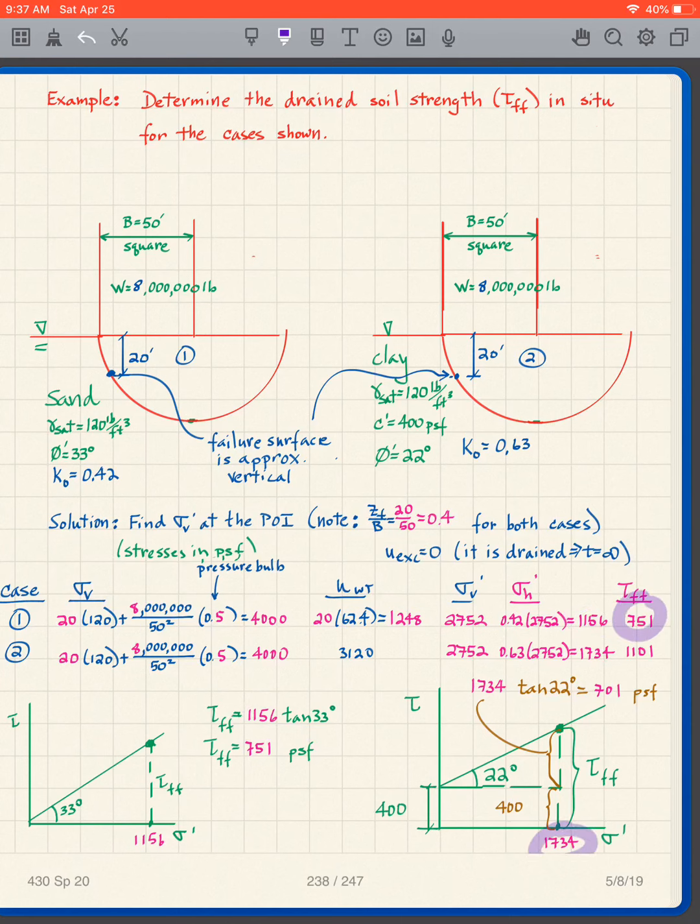For this one, I've got 1734, and then I have the 400 plus the 1734 tangent 22 degrees, 701. So I add the 400 plus the 701, and I get 1101. So I'm able to get the tau FF at different locations along this circle.